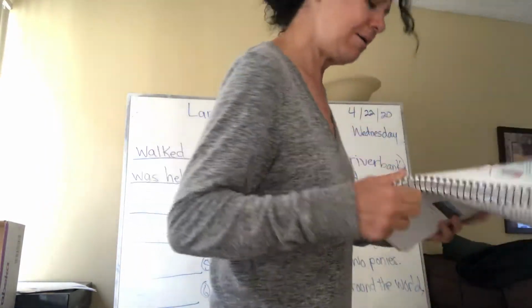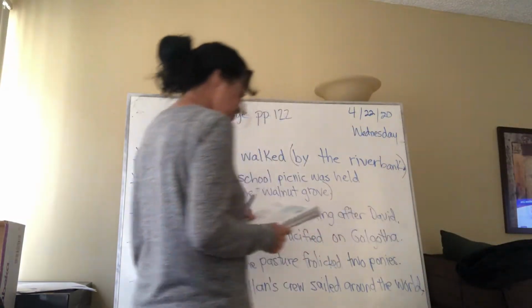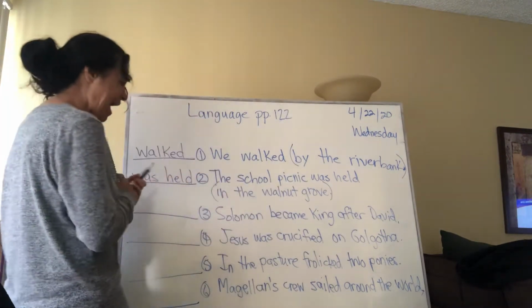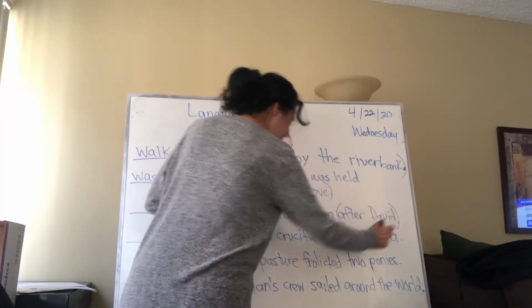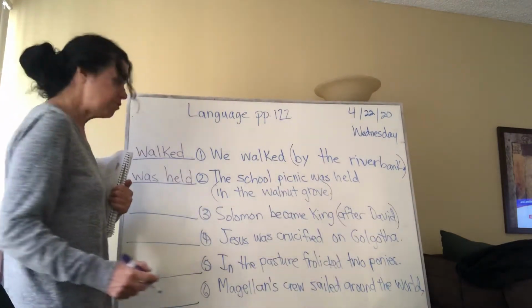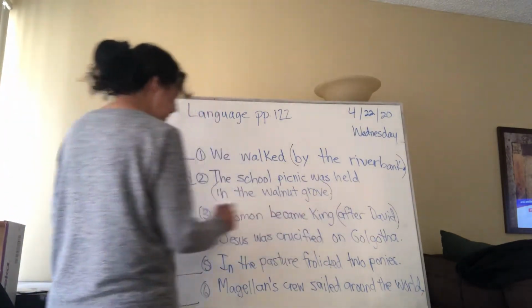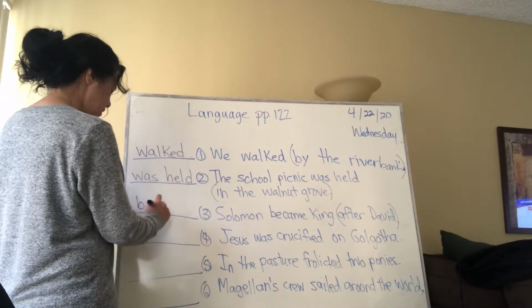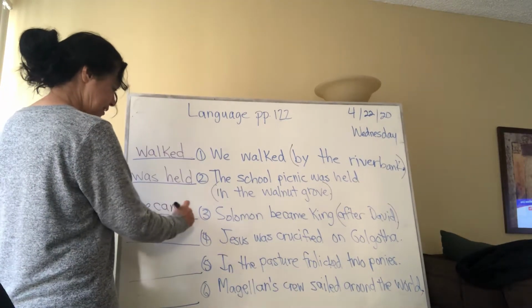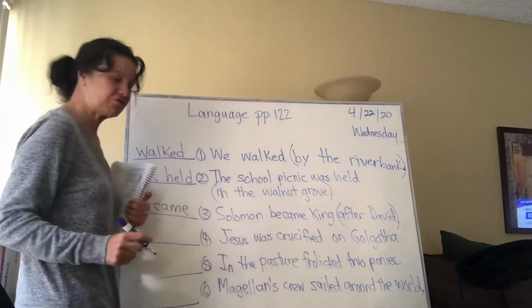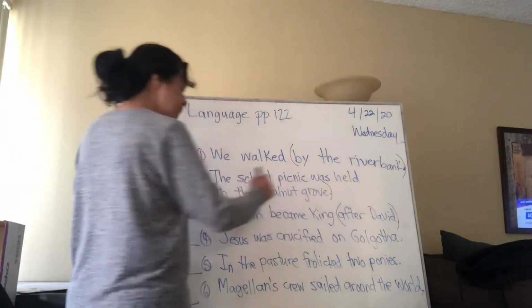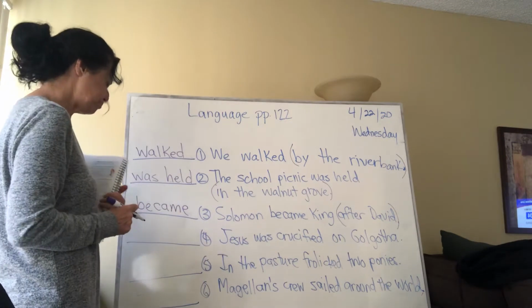I'm looking at my book here. Number three, Solomon became king after David. So our prepositional phrase is after David. The verb that it is modifying is became. So you write became in the blank. Okay? After David is the prepositional phrase giving us details about the verb became.